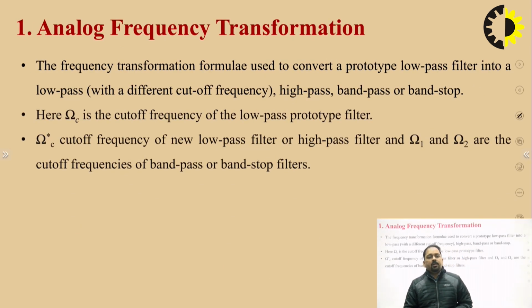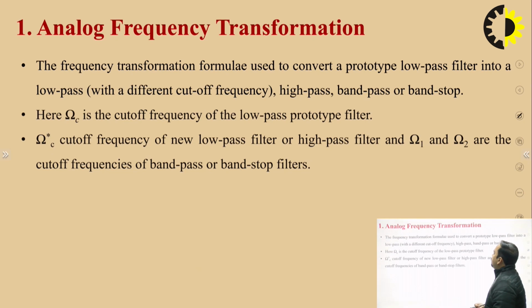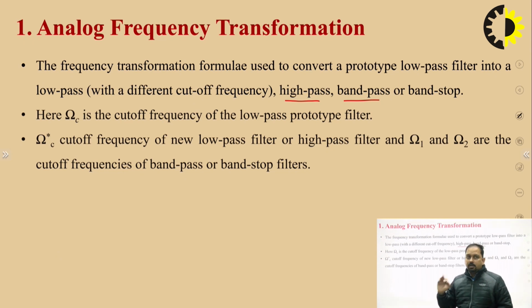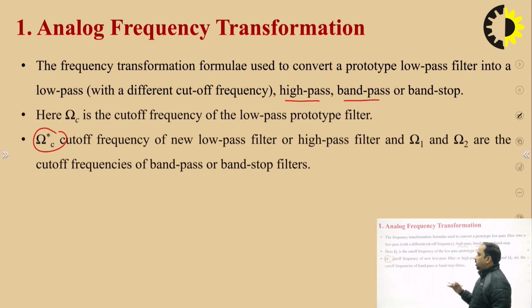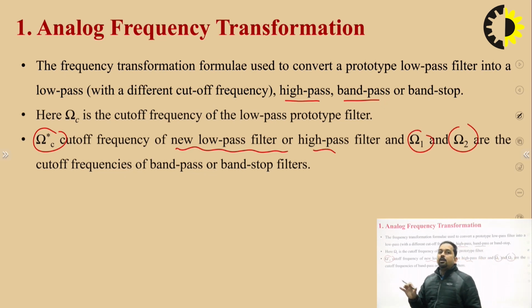Now let's discuss further the analog frequency transformation. This frequency transformation is used to convert a prototype low pass filter into a low pass with a different cutoff frequency, or high pass, or band stop or band reject, where Omega_c is the cutoff frequency of the prototype low pass filter, and Omega_c star is the cutoff frequency of the new low pass filter or high pass, and Omega_1, Omega_2 are the frequencies for band pass and band reject filters or band stop filters.